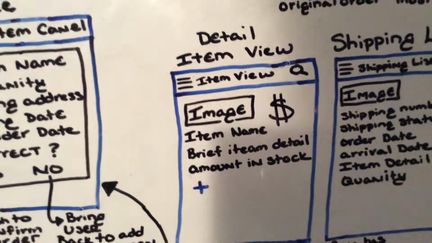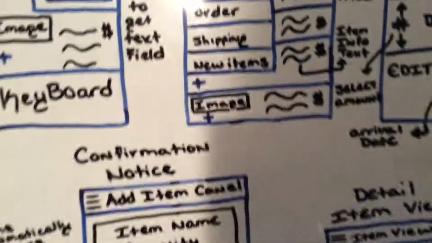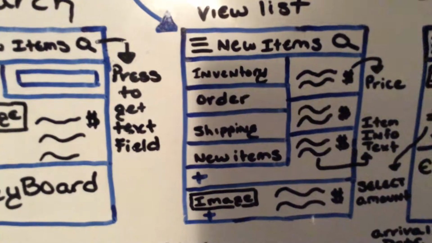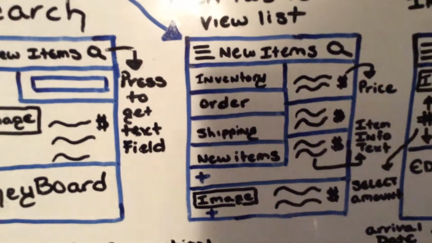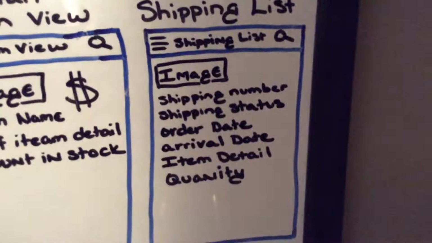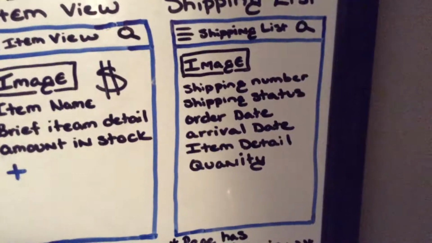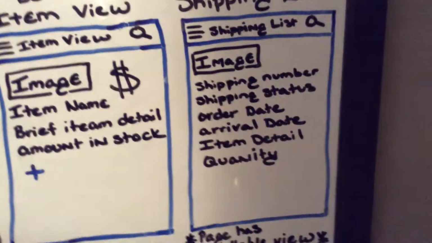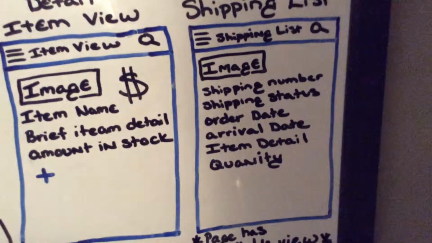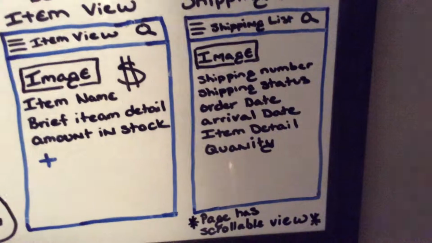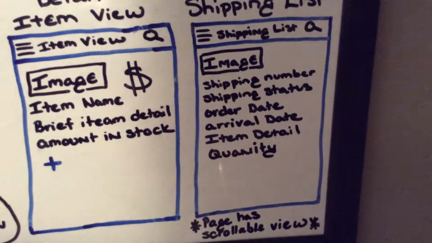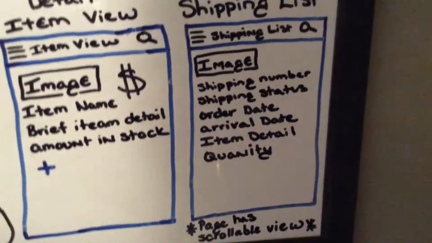Now, as far as one more tab that we didn't talk about would be the shipping tab in this particular tab view. You hit the shipping tab and it goes right to the shipping window. It says shipping list. You have a search and you can go to the tab view as well if you wanted to, but in the shipping list it gives you the image, the shipping number, the shipping status, the order date, the arrival date, the item detail, and the quantity.